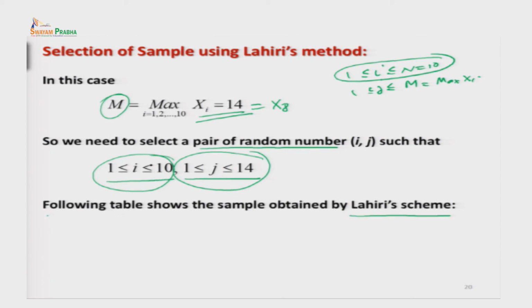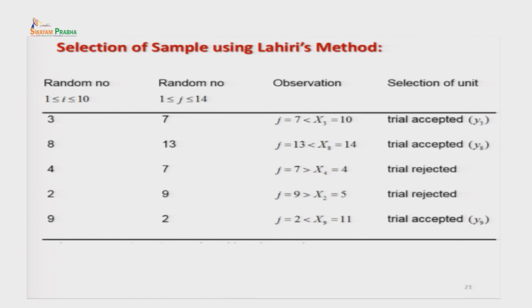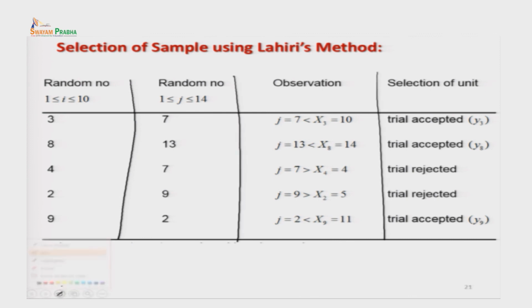Now we look at an example to show you how we are really going to draw the random sample using Lahiri's method, right. So remember one thing, that you have to draw two numbers i and j, and you have to check the condition whether j is less than xi or not, right. You can see here that in the first column I can draw the columns if you wish, just for the sake of clarity, say like this 1, 2, 3 and 4.